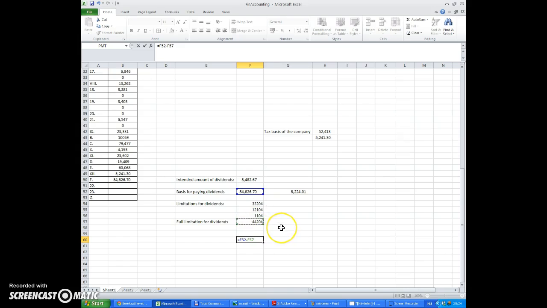We can see that the company wants to pay less dividends than the basis for dividends minus the full limitation for dividends. So the company can pay all this, a little bit more than 8,000 forints of dividends, because according to the limitation, the dividends can't be bigger than this number, but it can be smaller than this number.